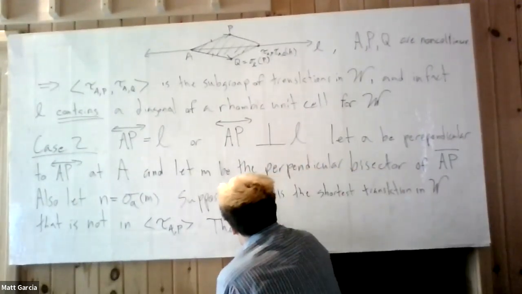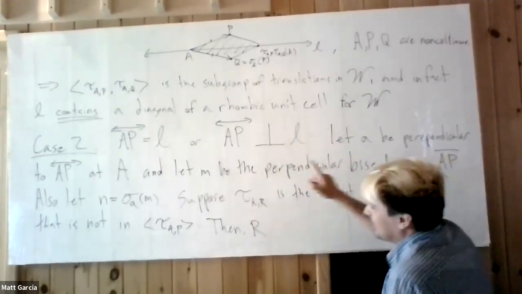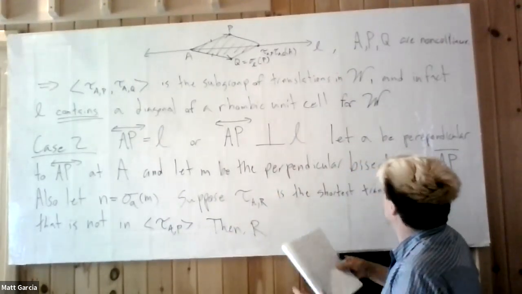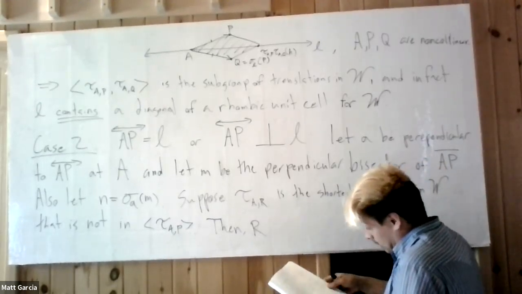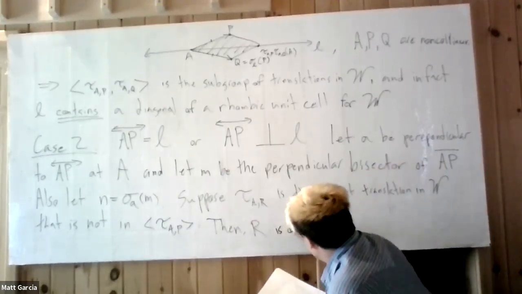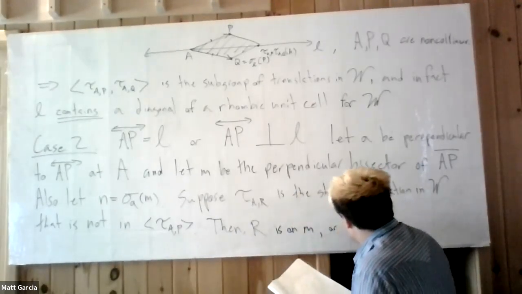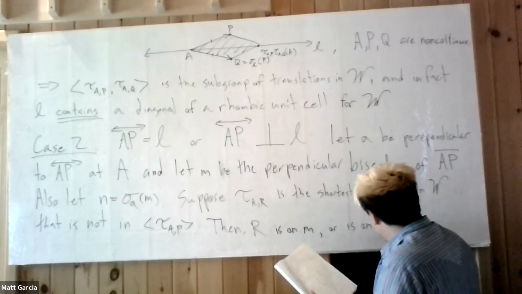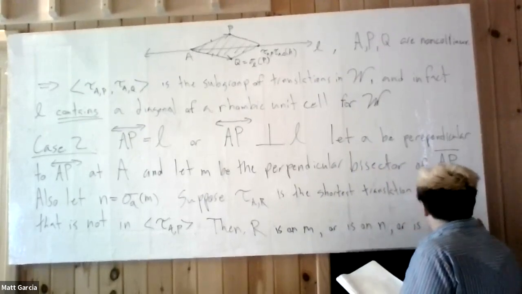Let R be this point that gives us the shortest translation in W that is not in the subgroup generated by one of the generators of the translations of W. Then R is on M, or is on N, or is in between.